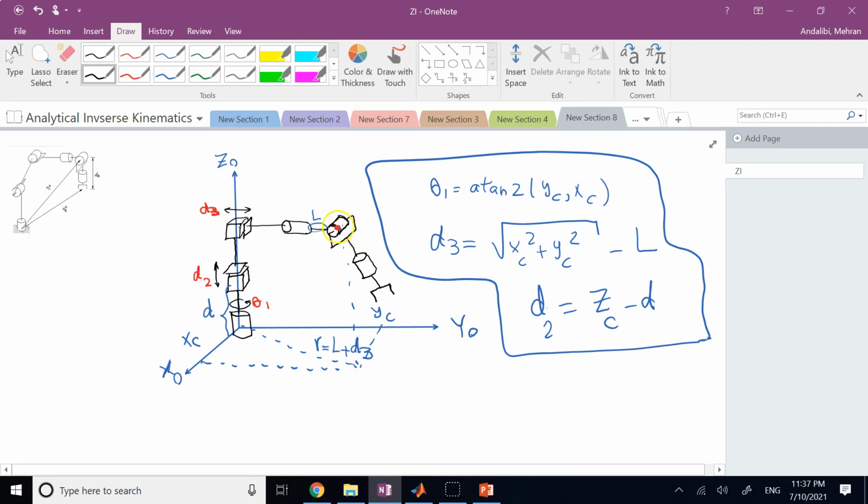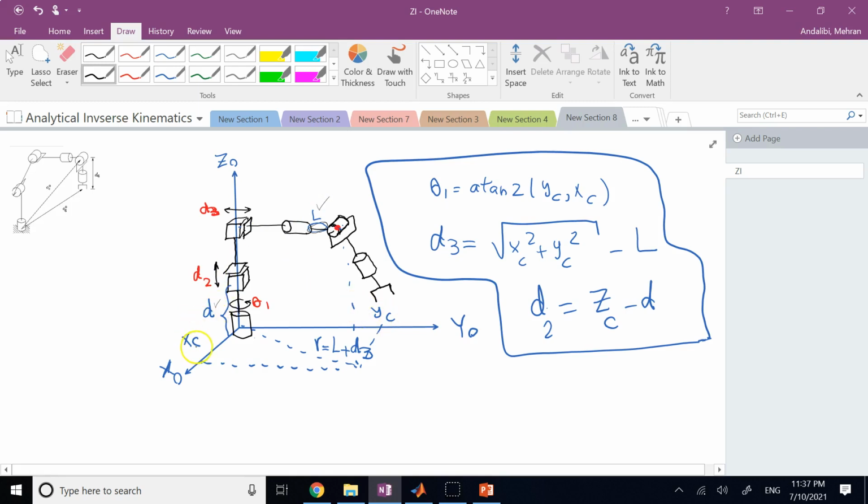So here again, if you call this point the wrist point, and it has xc, yc, and zc, and if you call this physical distance L, now most of the time we neglect it in a spherical wrist, okay, and if you call this first distance between the first and second joint constant d, so d and L are part of geometry and they're given.